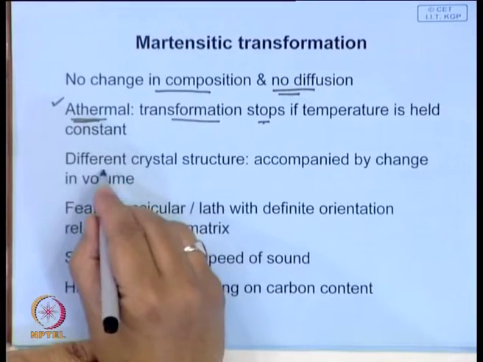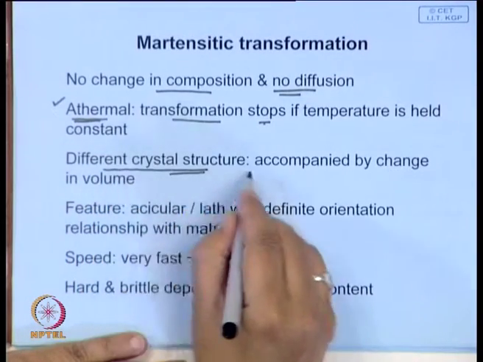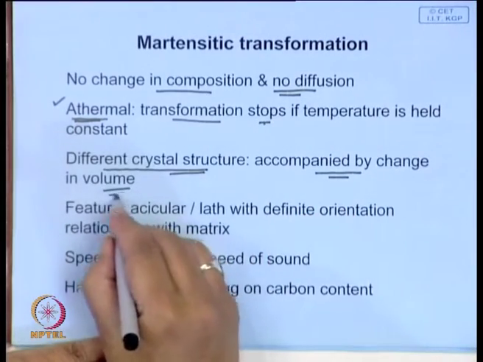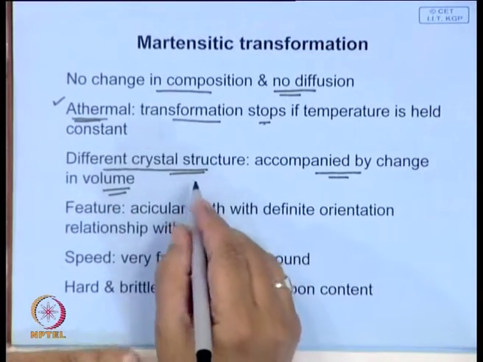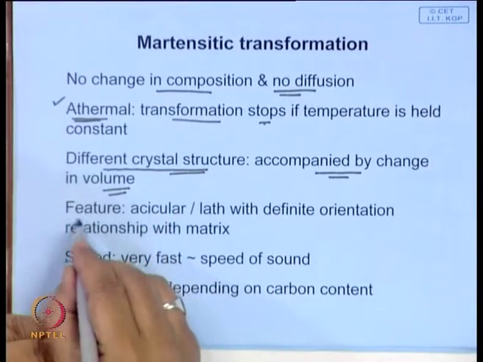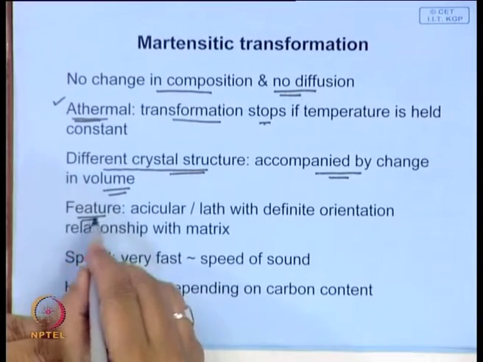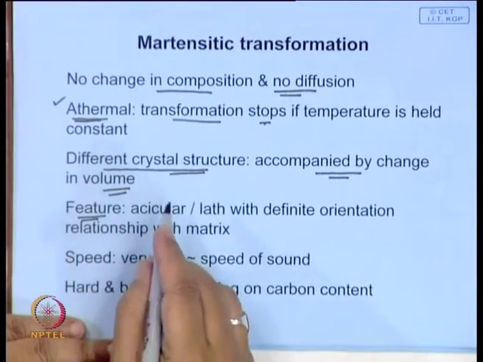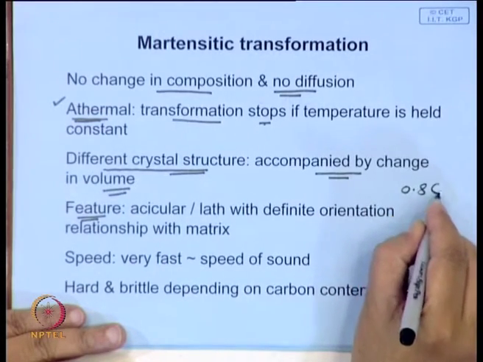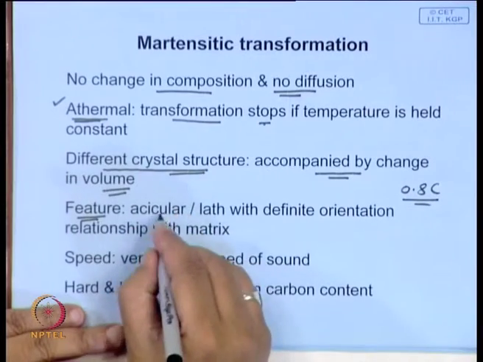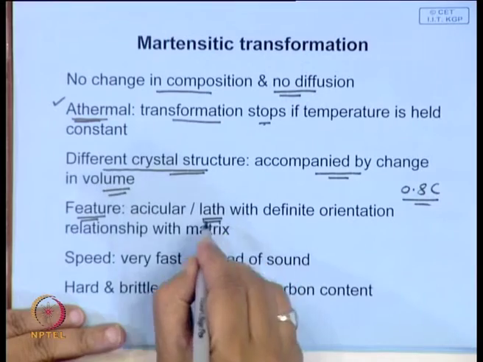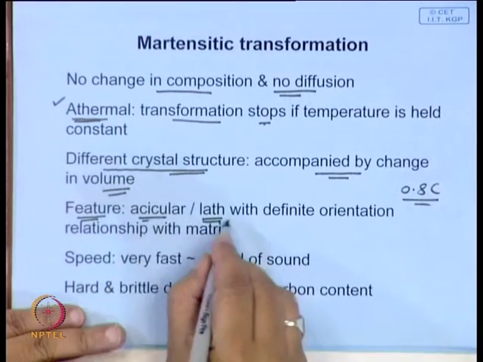It has a different crystal structure, and when this crystal structure forms, it is accompanied by a significant change in volume, which sets in a significant amount of stress in the structure. The feature appearance depends on the composition, particularly if you are considering a 0.8% carbon steel. In that case, it is acicular. If the carbon content is at the lower end, then it has a lath character, acicular and lath.